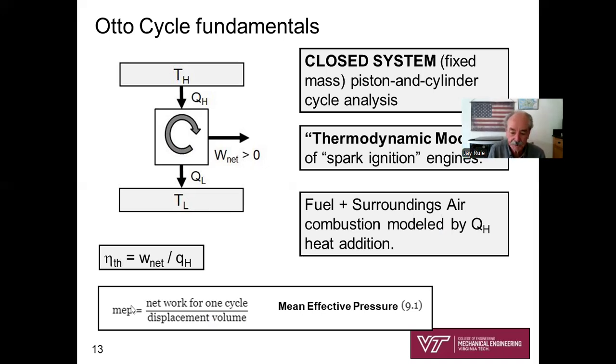The mean effective pressure, I have to go back to the textbook and remind myself, this measure of performance for the piston and cylinder is described as the net work for one cycle, kilojoules per kilogram, divided by the displacement specific volume, cubic meters per kilogram, so that we get units of pressure. Basically, it'll be kPa, kilonewtons per square meter.